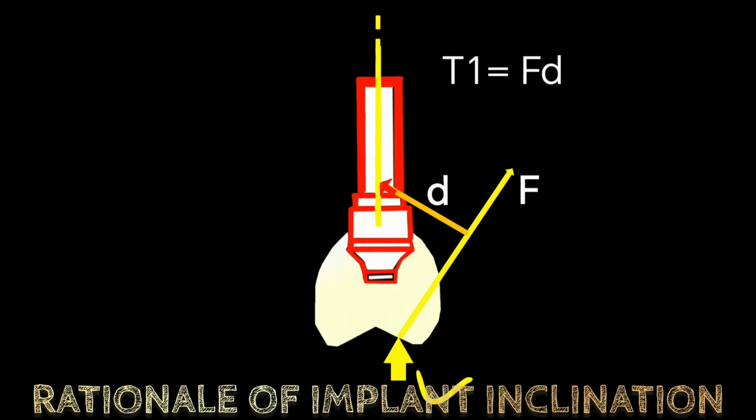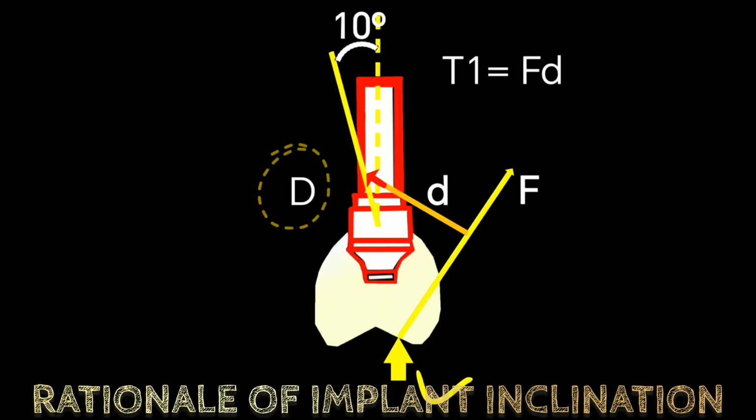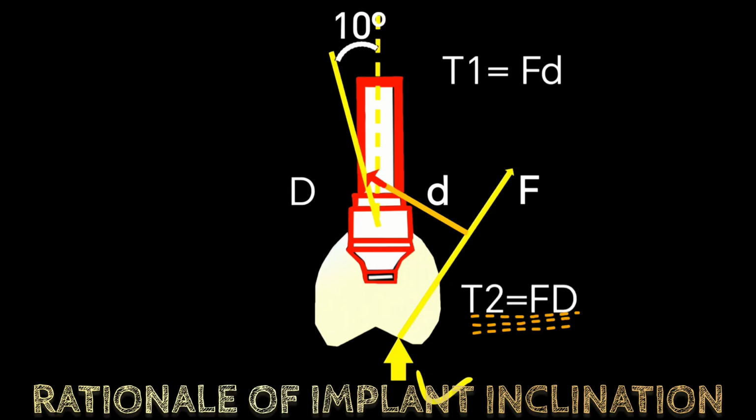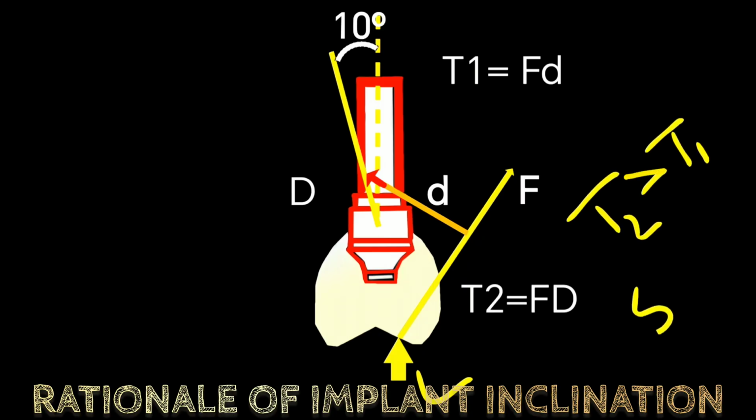On changing the implant inclination related to the applied load by 10 degrees, the working arm distance alters to capital D. The final torque acting upon the implant prosthesis increases to F times D. According to Weinberg, the final torque is more than the initial torque by 5%.